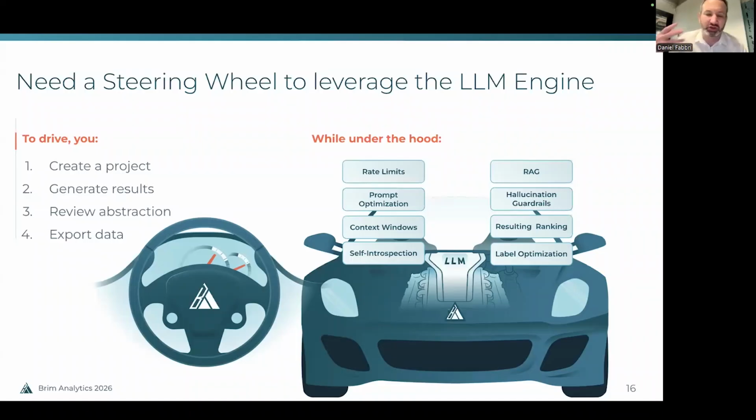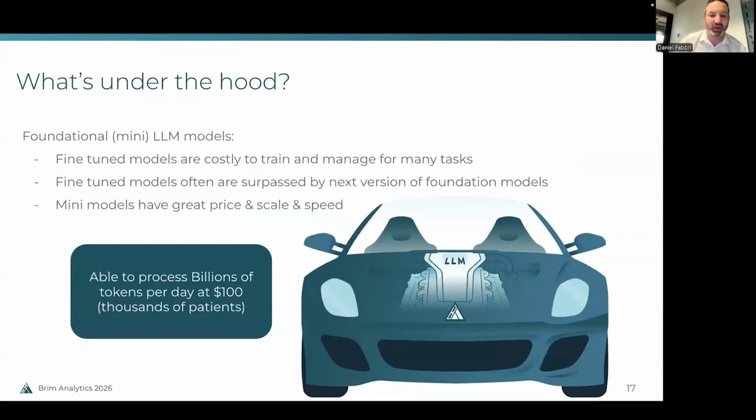These are all extremely nerdy things that are necessary to make large language model extraction successful, but are complicated, difficult to get right, and are rebuilt over and over from project to project. And so with this steering wheel-like interface, we want teams to be able to grab the wheel, extract the data they want, and move on to actually solve the important problems at hand versus doing that infrastructure.